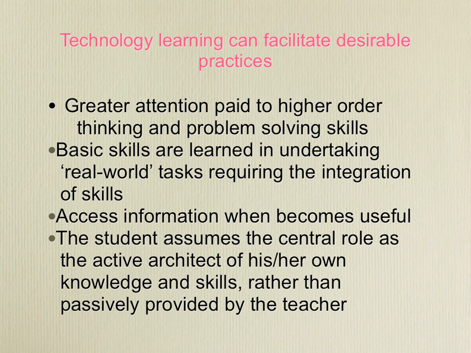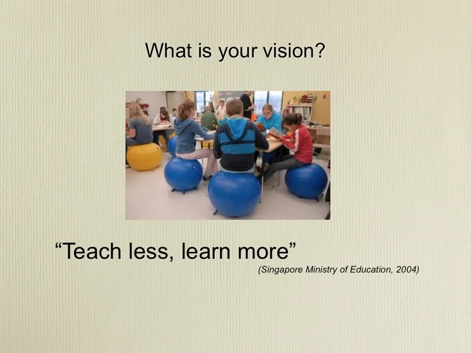We want lifelong learners. We can't prepare our students for what they're going to do in their working life because we don't know yet what they're going to be doing. But we can prepare them with a number of skills that will help them in their thinking, in their solving problems, and gathering the information that they need to make informed decisions.